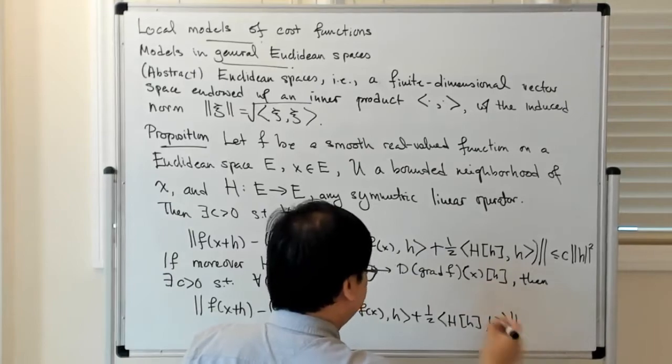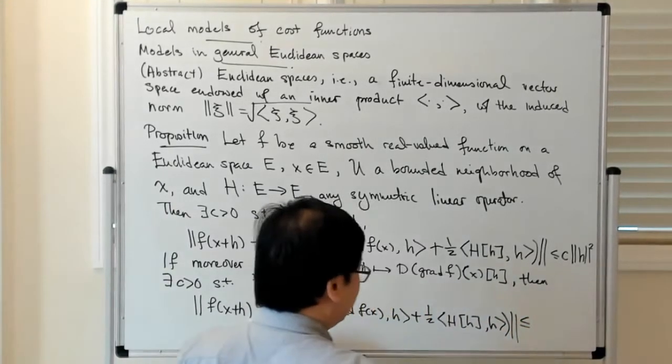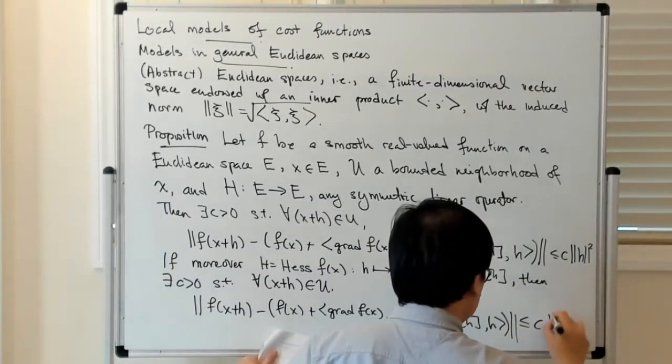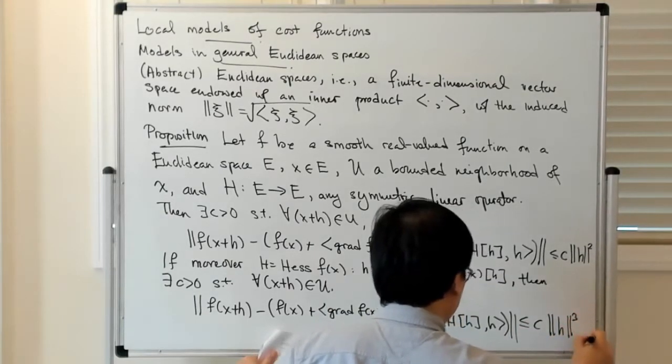And the error you introduce by doing this is bounded by some constant times the norm of h cubed.